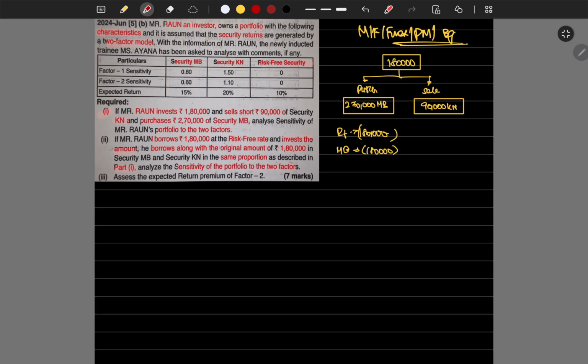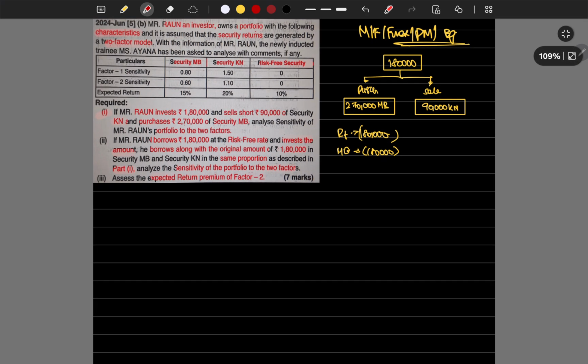Here also we have to find the portfolio beta, and at the last we have to calculate the expected return premium. With the information given, we can use the CAPM and find the expected return.